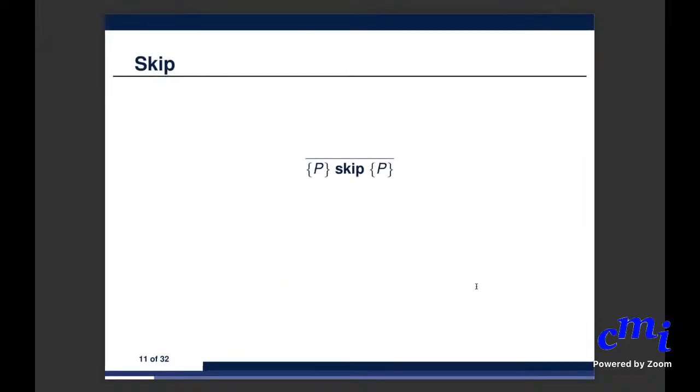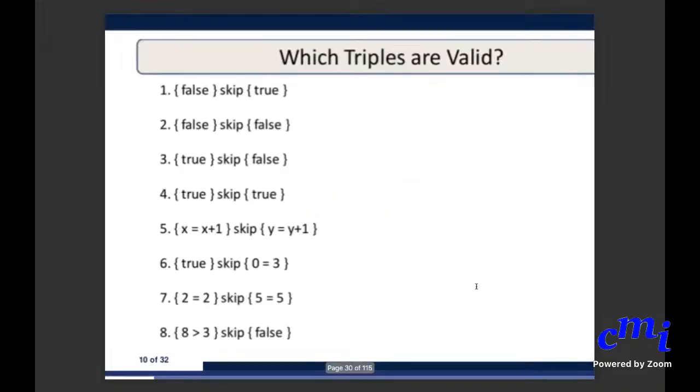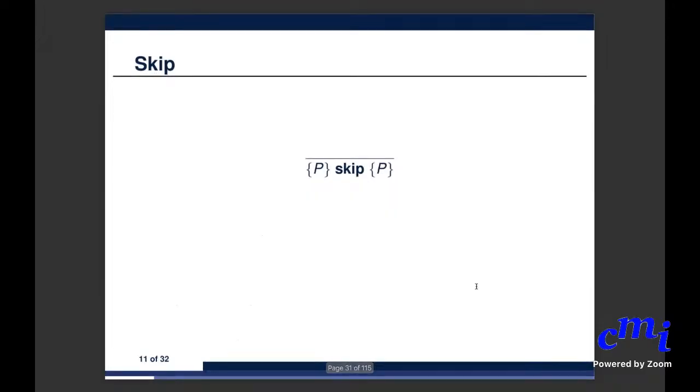Now I'm going to be introducing inference rules, and you will see why these inference rules are defined much like in any logical system. You first define what it means for a Hoare triple to be true for the atomic, the primitive statements.